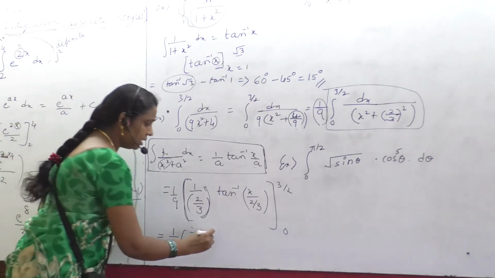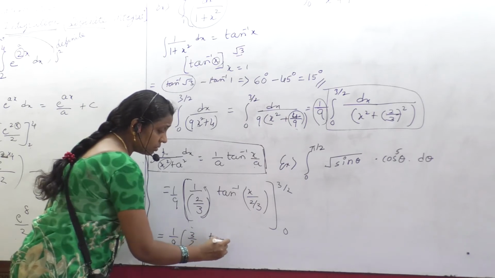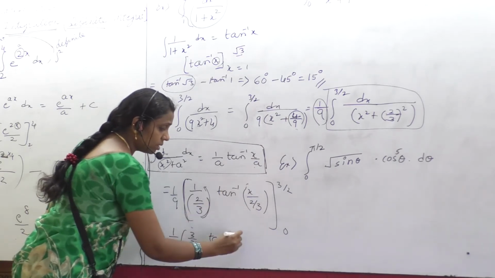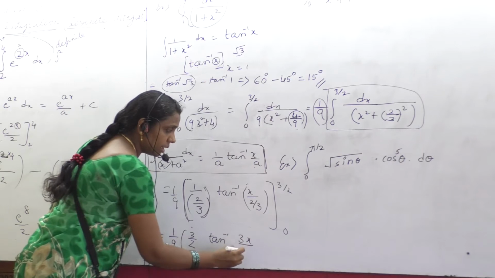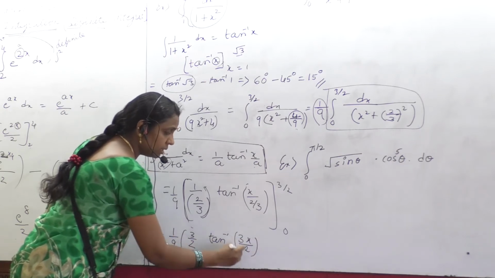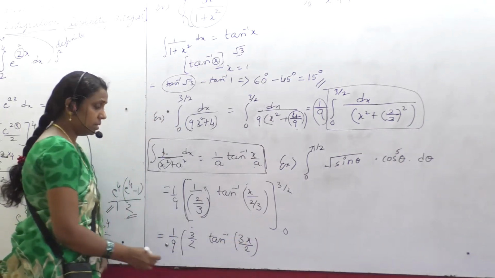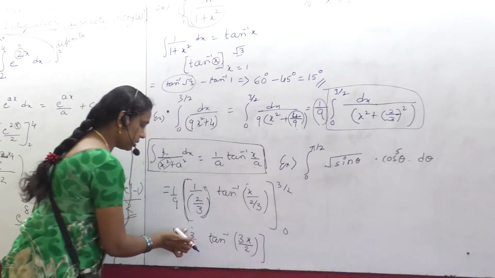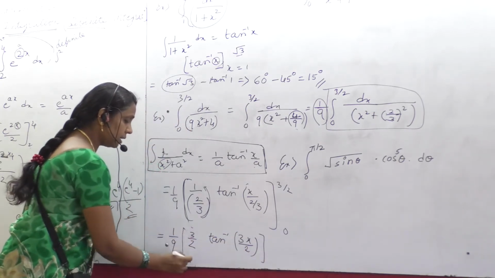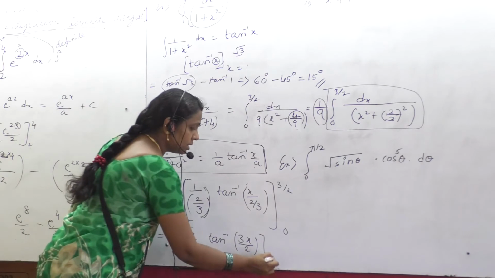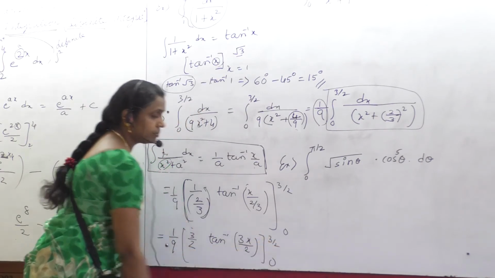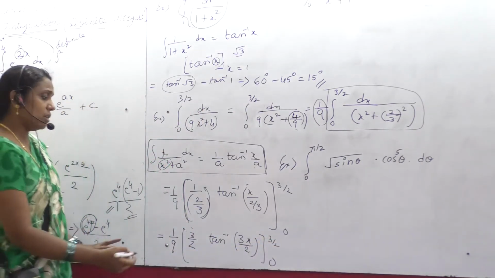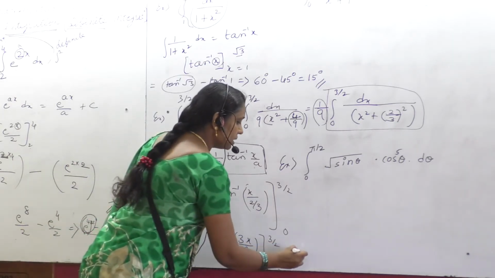Okay. Tan inverse, this 3 will be coming with the x on reciprocating. 3x by 2 is the final expression. That is theta, tan inverse theta. Okay, 0, 3 by 2. In place of x, you have to make the replacements.